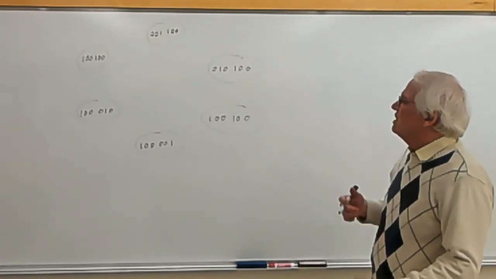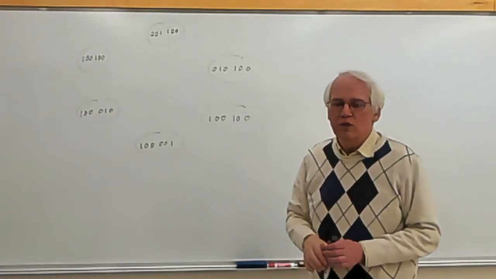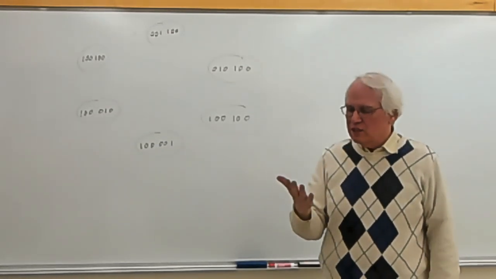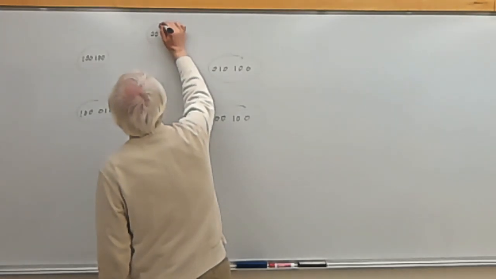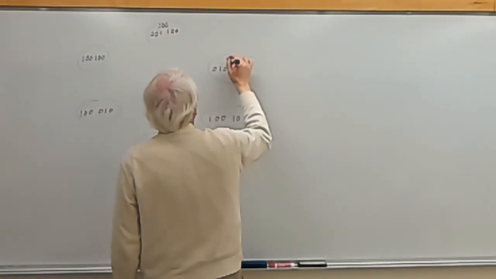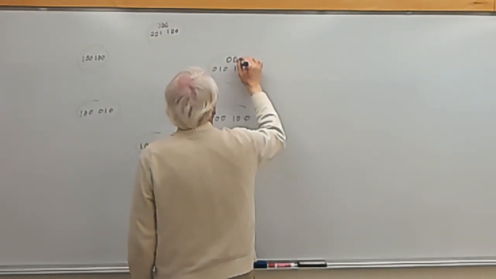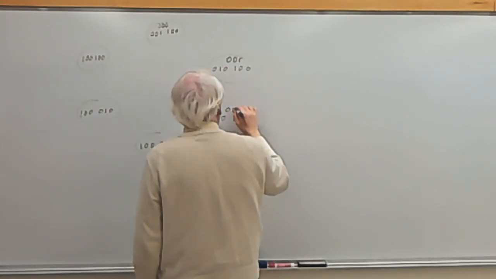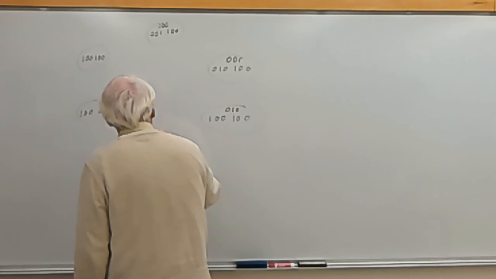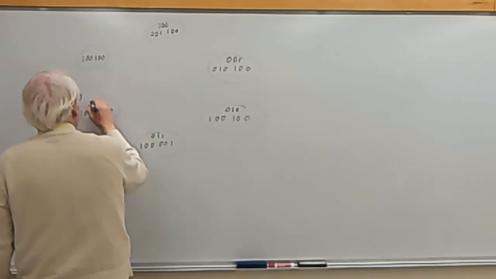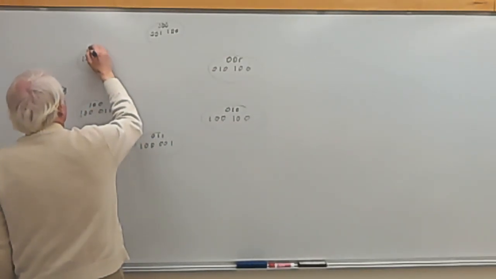But we don't need 6 bits to encode 6 states. 6 states we can encode in only 3 bits. So I'm going to write up at the top state information, and I'm just going to number the states in order. 000, 001, 010, 011, 100, and 101.